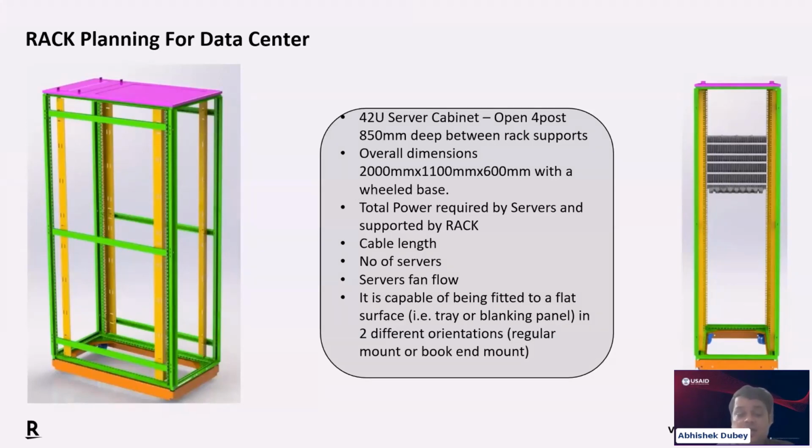You need to discuss with the customer what their preference is, and you're going to decide the height unit. Let's say this server is 42 height units, 850 mm deep. 850 mm is a general requirement, because all the GPP servers, COTS servers have an 850 mm depth requirement.